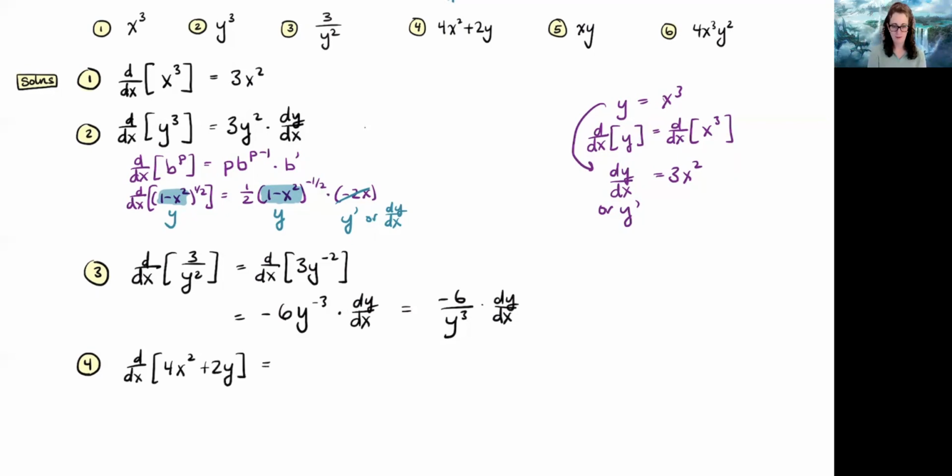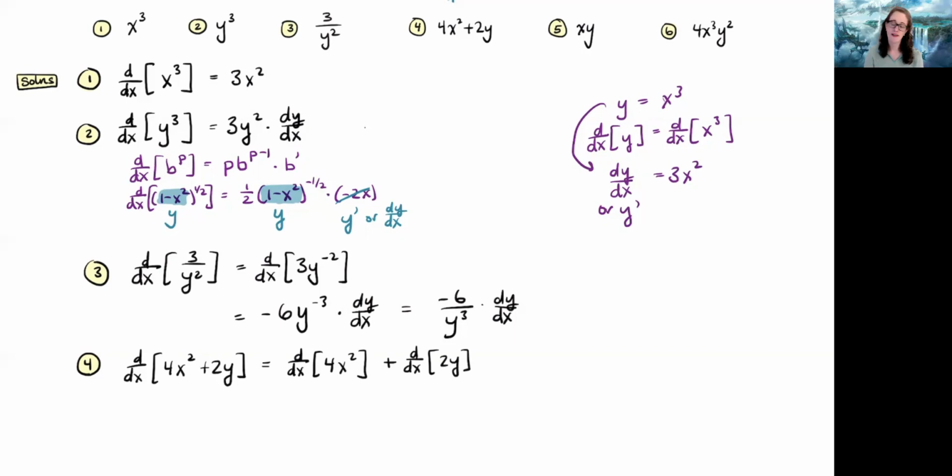We've got a 4x squared plus a 2y. And when we are differentiating a sum or a difference, we can find the derivatives of each of the individual things that make up the sum or difference. So if this helps you, we can write this out like this: the derivative of 4x squared plus the derivative of 2y.